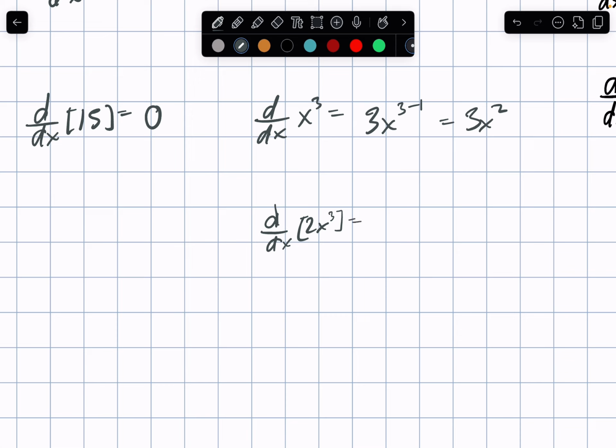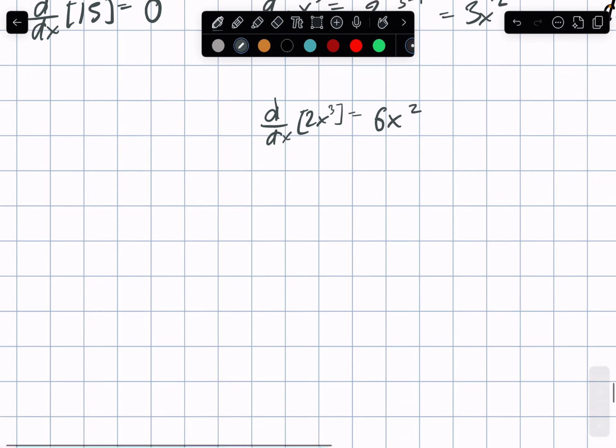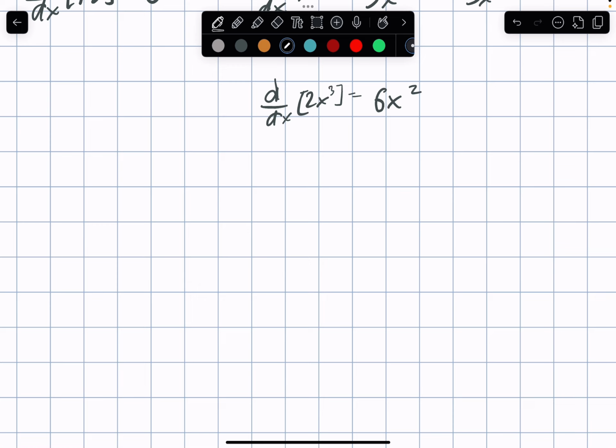Okay, so when you bring down 3, you multiply it by 2, so that's going to be 6. And then the cube, 3 minus 1, that's 2. That's the answer. Okay, these are two more rules that you have to know. Very crucial.